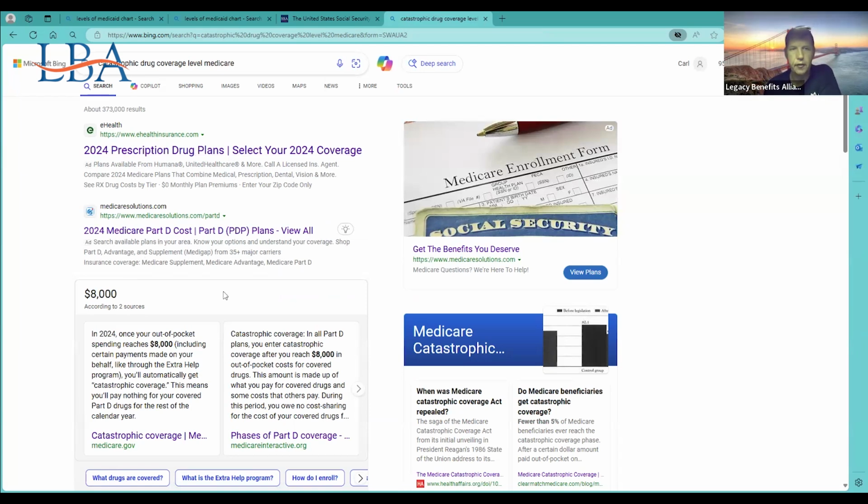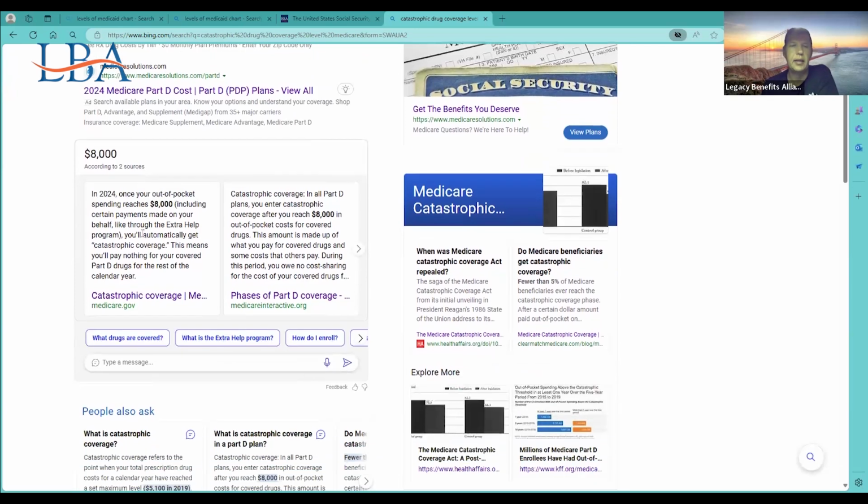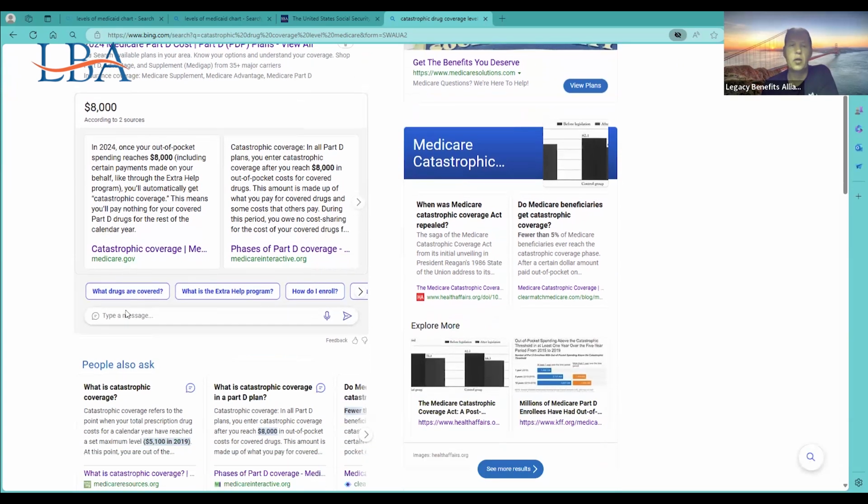You see the first thing that comes up, the second thing that comes up, those will bring you to competitor websites. eHealth, they're trying to sign you up. MedicareSolutions.com, trying to sign you up for a plan. Okay. .gov is where you have to go anytime you have questions about Medicare, right?